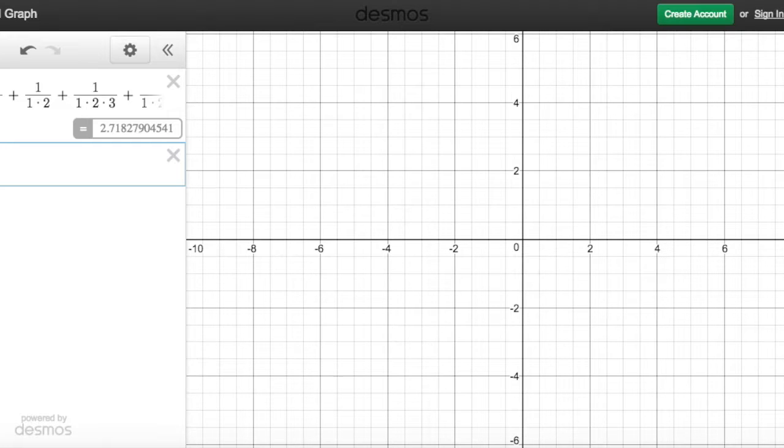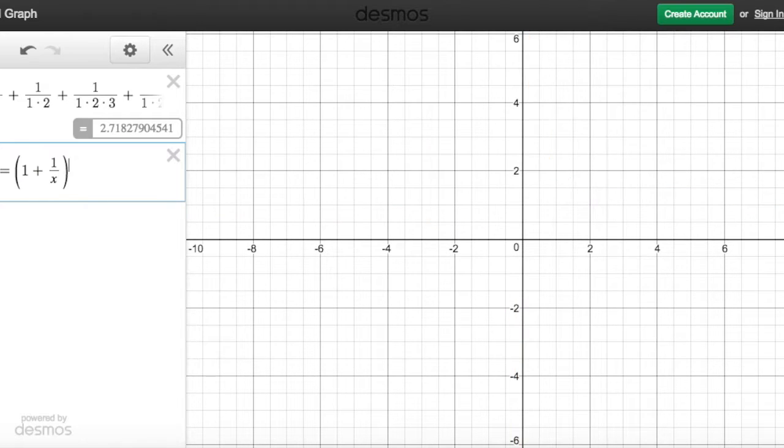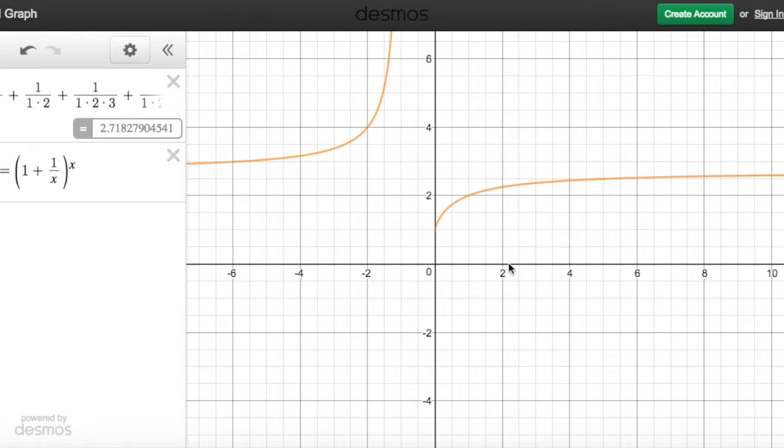One other way is to look at the function of our exponential model for exponential growth. If our growth rate, here our r, and our time x are the same, we end up getting a curve that looks kind of like this.